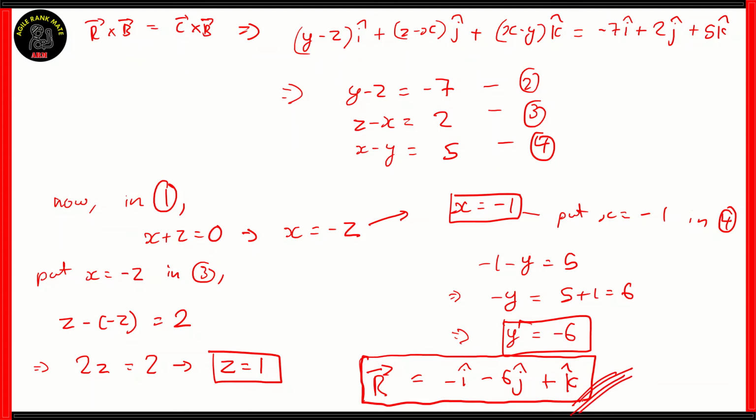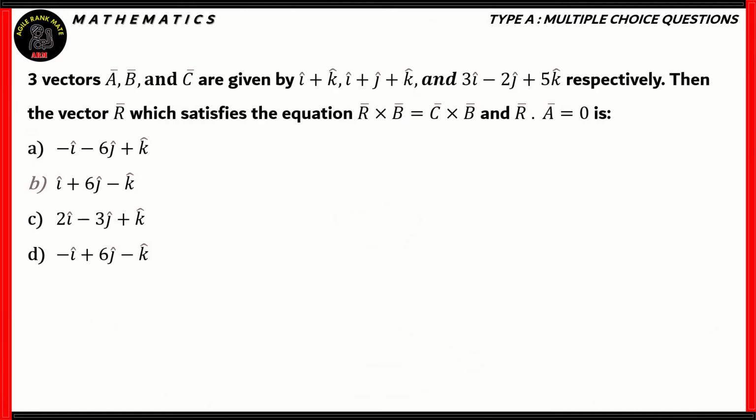So this is the final vector that we need to find out. The vector r would be equal to minus i cap minus 6j cap plus k cap. And as you can see in the following options, it is very clear that option A is the correct option. And this is done by finding out the dot product and the cross product according to the equations given in the question, and then equating the coefficients to find the answer.